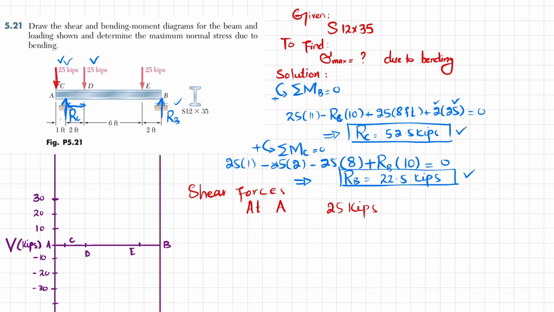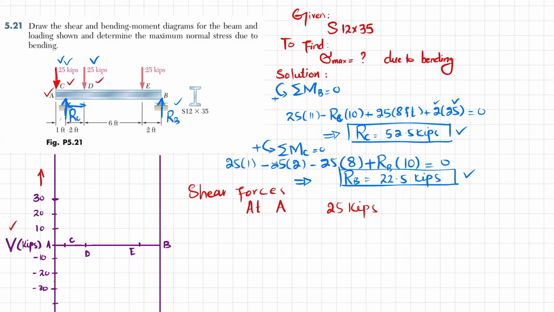Here we will draw the shear force on the y-axis, and on the x-axis it is the length of the beam. The points A, C, D and E are also mentioned over here. You can see them clearly. We will plot each point. At point A we have 25, so it will be minus 25, because the force is downward.